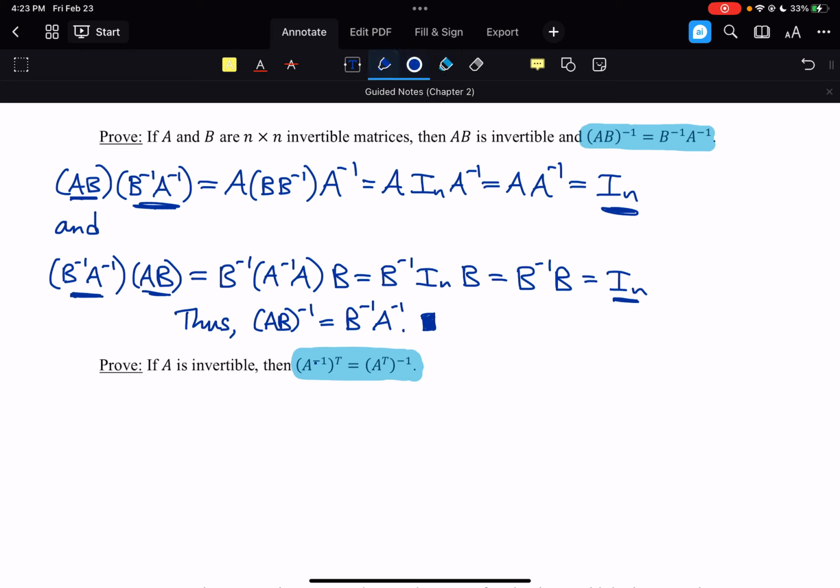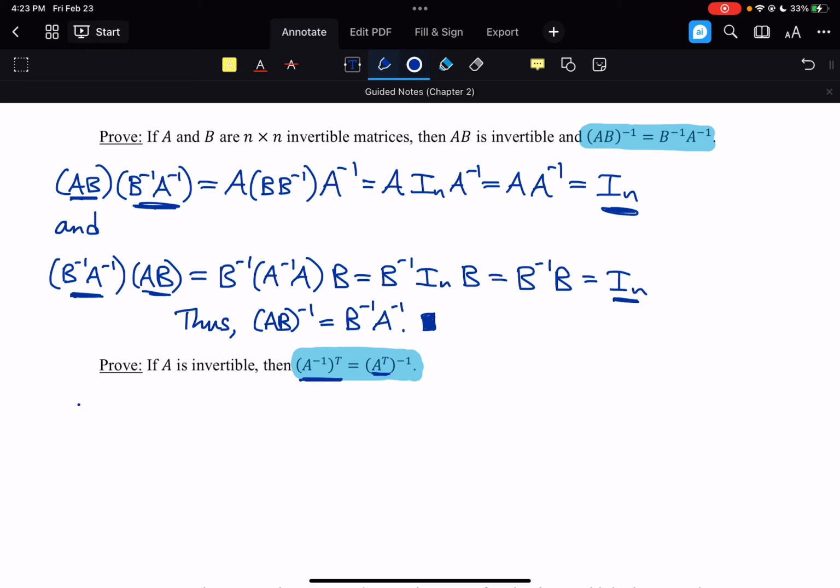Like you can perform the inverse first and then the transpose, or the transpose first and then the inverse. So again, we'll use a similar reasoning here. This says that A transpose inverse is this expression. So if we're trying to show that these two are inverses of each other, we simply need to multiply them together and see what we get.